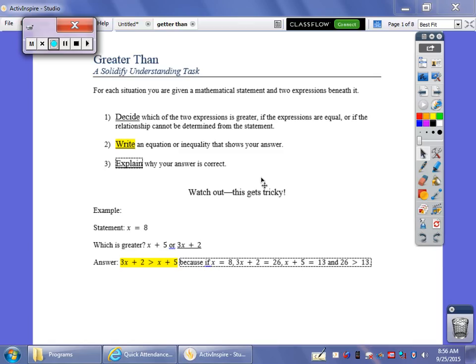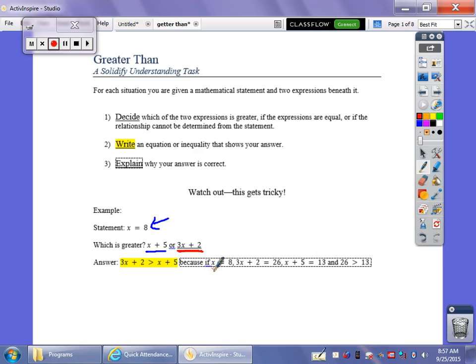So the first example gives us a statement that x equals 8. And then it says, which is greater, x plus 5 or 3x plus 2? Well, since x equals 8, we're just going to substitute 8 in for x.